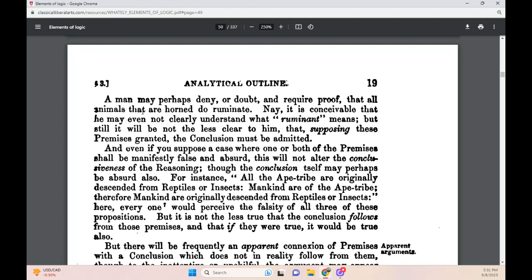A man may perhaps deny or doubt and require proof that all animals that are horned do ruminate. Remember, that was an example we studied in the previous lesson. A man may deny, may doubt, may require proof that all animals that are horned do ruminate.